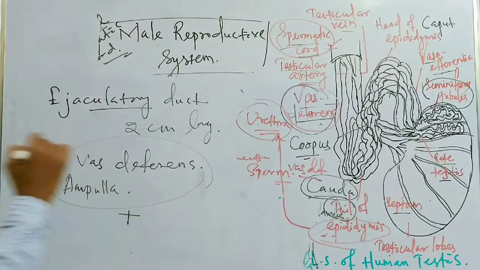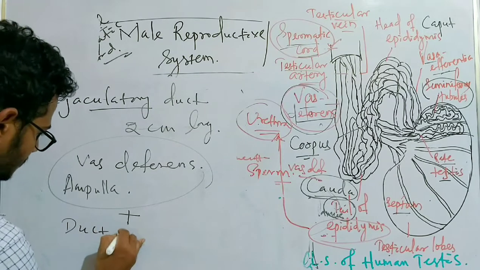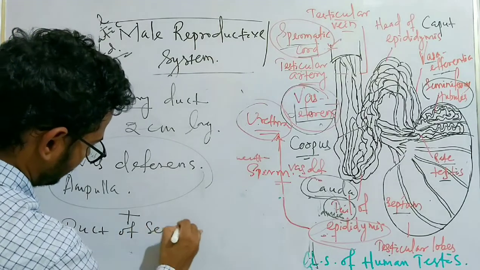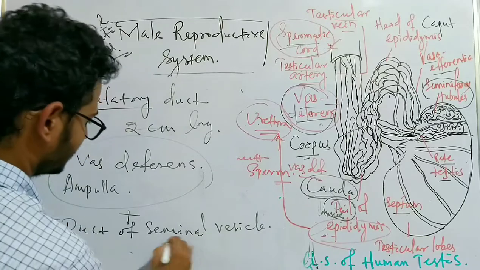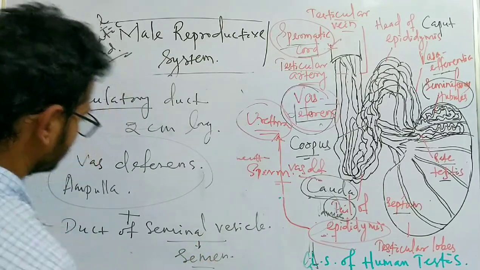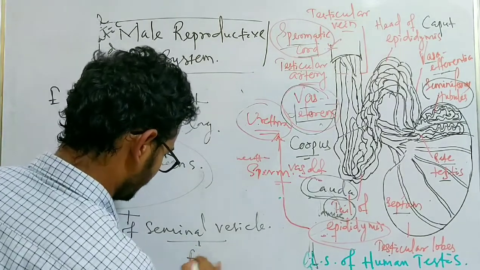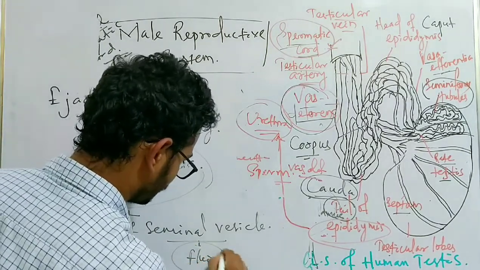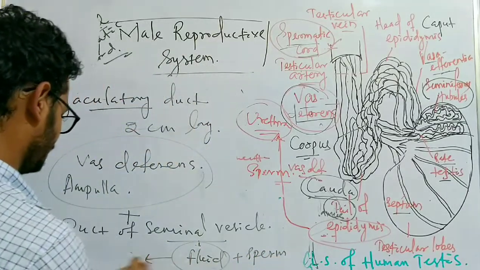And another thing is added to it, that is the seminal vesicle, or the duct of the seminal vesicle, which carries the fluid which we call the semen. The addition of this fluid to the sperm forms the semen.